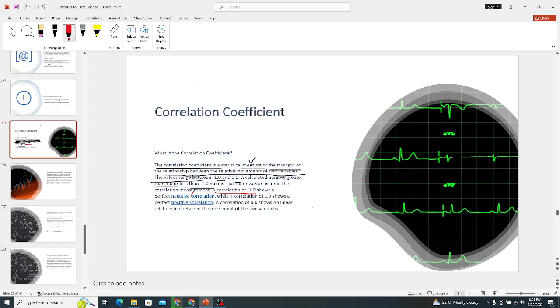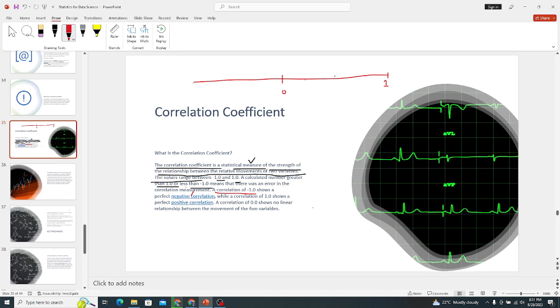For example, let me just do a number line. I know you can remember the number line from high school. So we have 0, and we have 1.